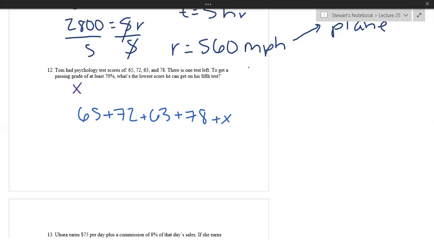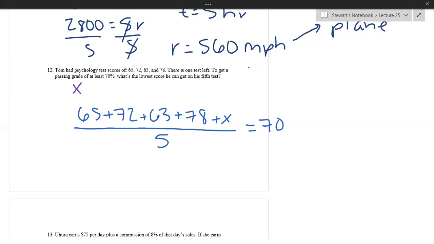We're trying to figure out what he needs. There's 5 test scores in general, so we have to divide by 5 because it's the average. We want the average of the test scores, and we know the average needs to be a 70 so that he can pass. Or that would be the lowest he can get to pass.